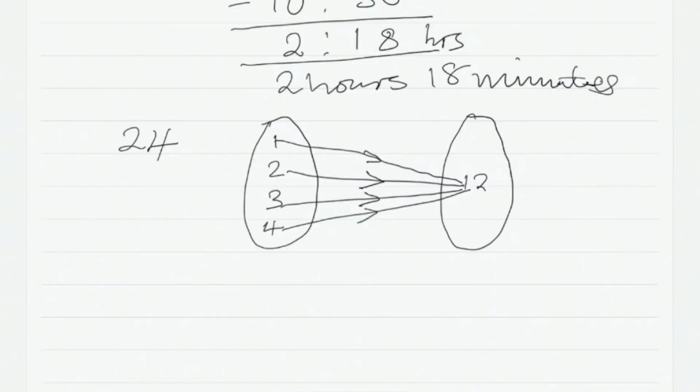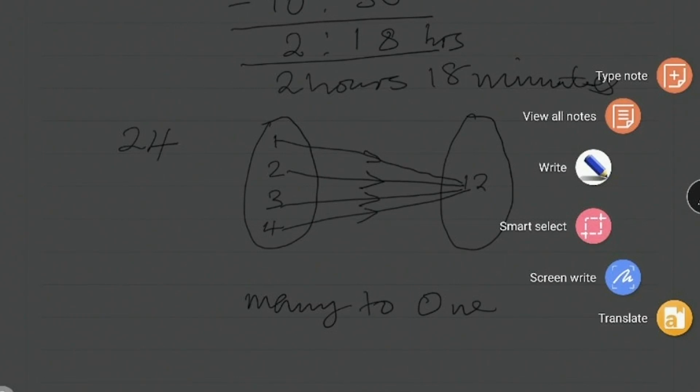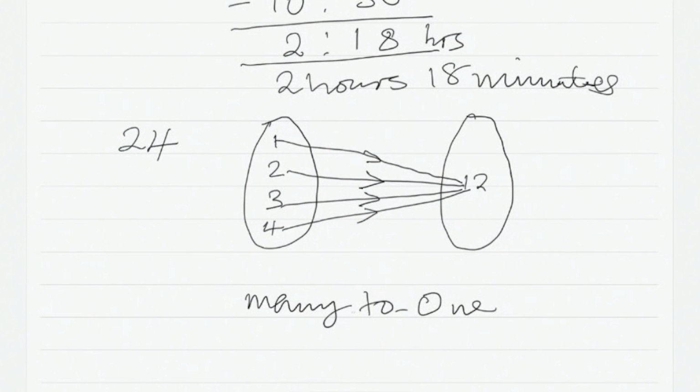So this kind of mapping is the one which we say many to one mapping, because most of these numbers are able to divide or go into the other number without any problem.